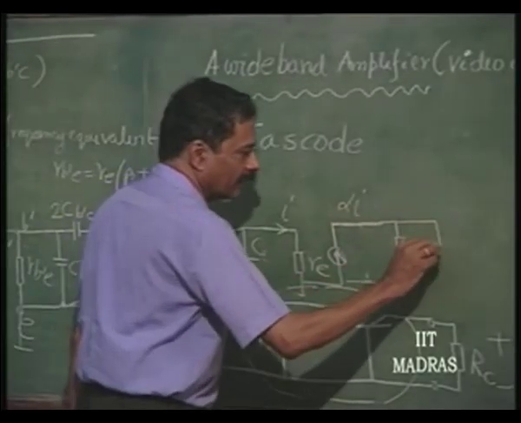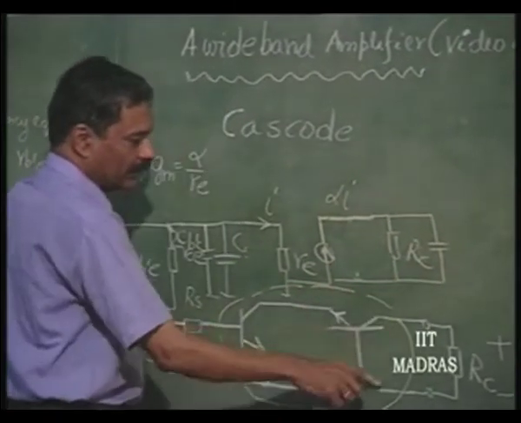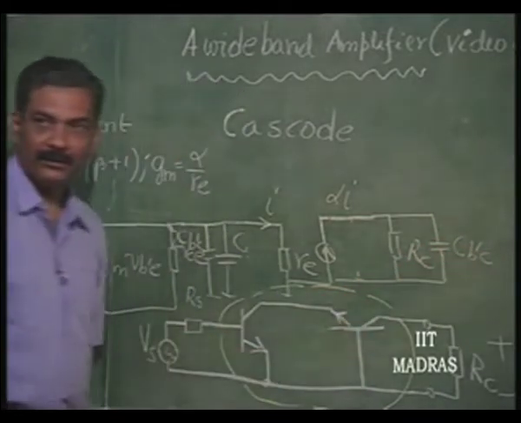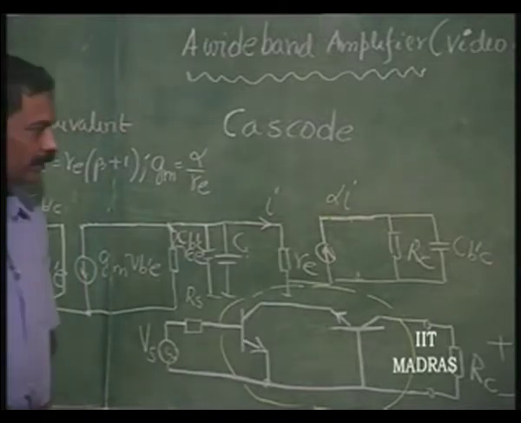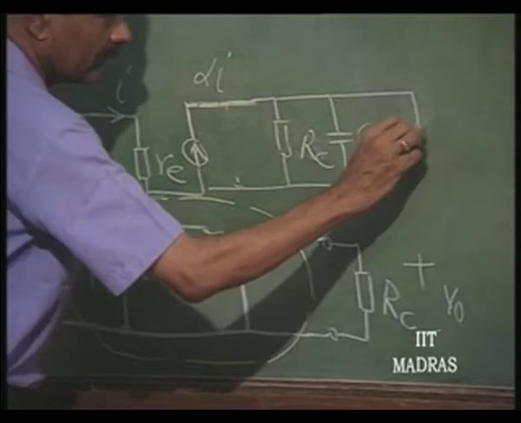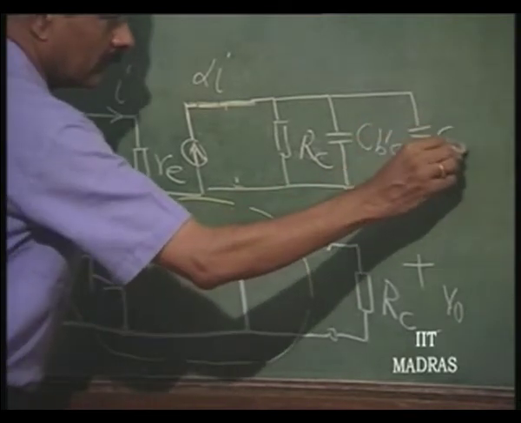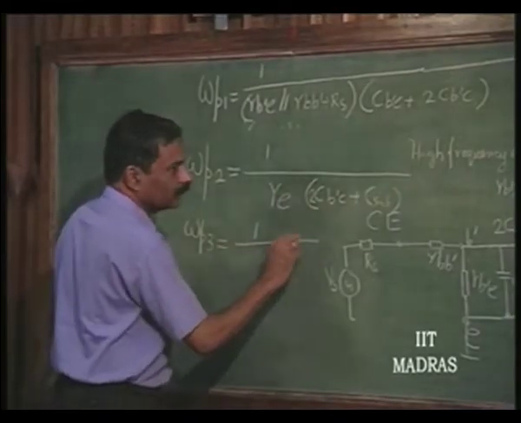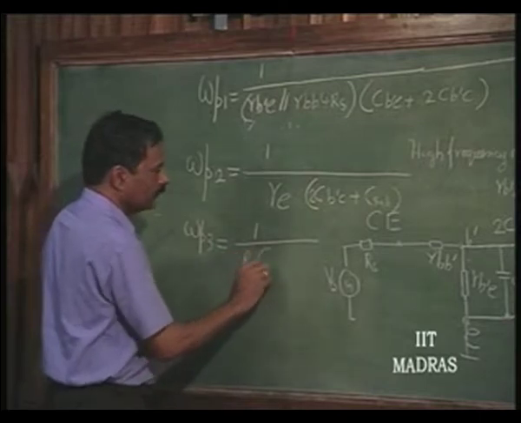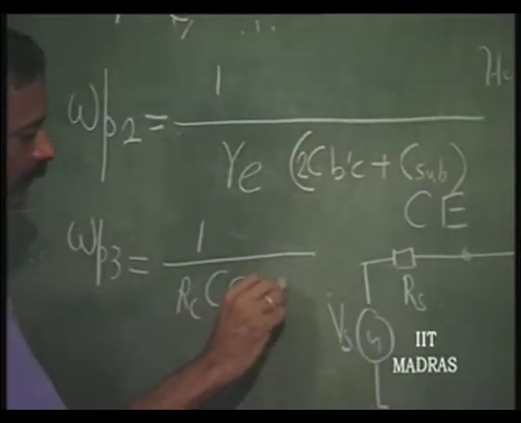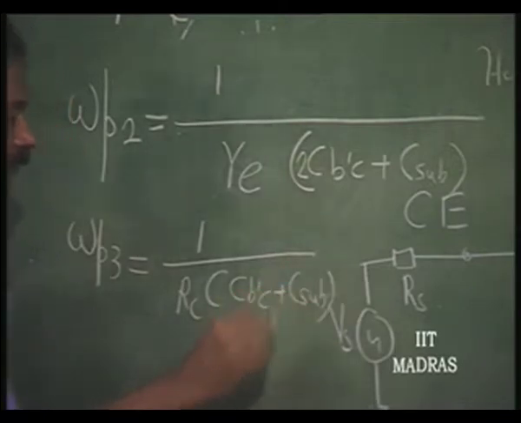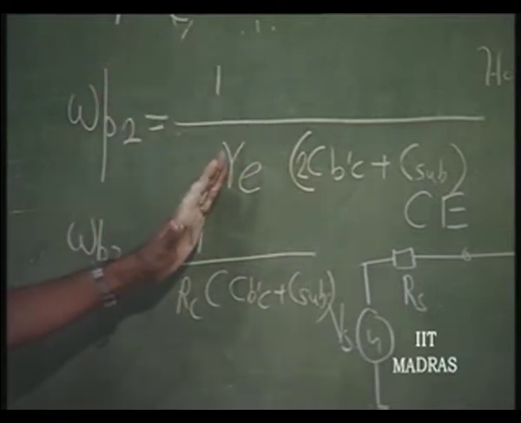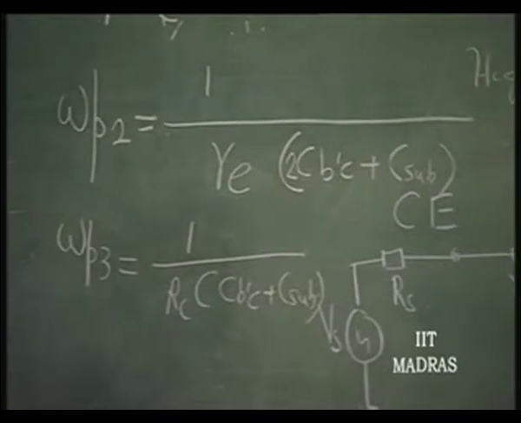Here we have a capacitance of course, which is nothing but C B dash C, the same reverse bias capacitance, okay, and maybe this C substrate. So, we have 1 by RC into C B dash C plus C substrate. So, you have 3 time constants coming into picture in determining the gain of the structure.